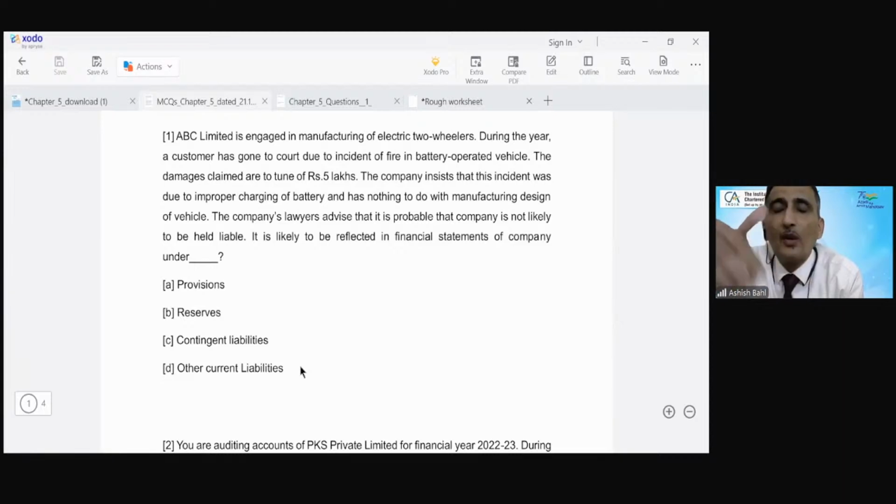Since we are focusing on the preparation of financial statements of different entities while laying special emphasis on the financial statements of companies, you have to know the contents and requirements of Schedule 3 to the Companies Act. Okay, yes, question number 1.